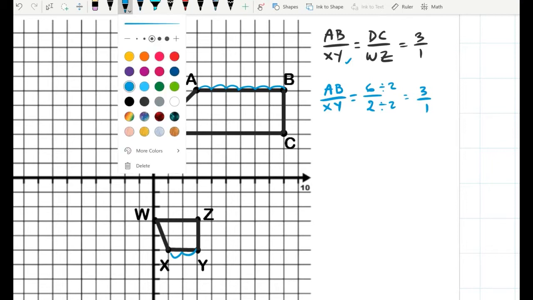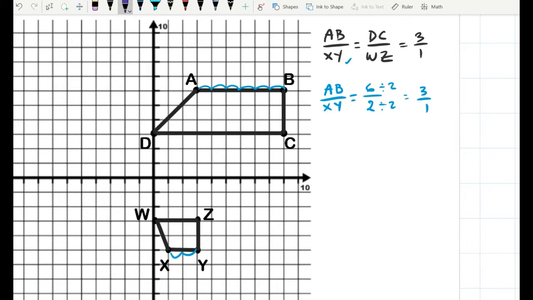Now we're going to check DC over WZ. DC is 1, 2, 3, 4, 5, 6, 7, 8, 9, so it's 9 over WZ, which is 3. 9 over 3, we can reduce it by 3, and that gives me 3 over 1.